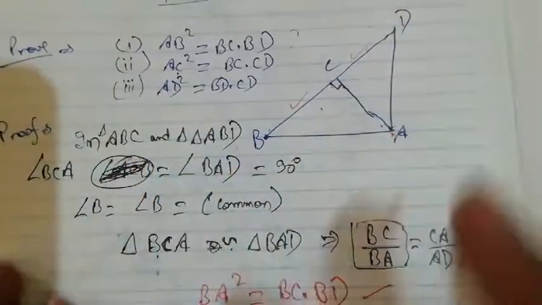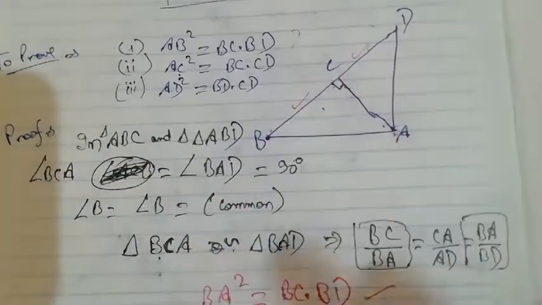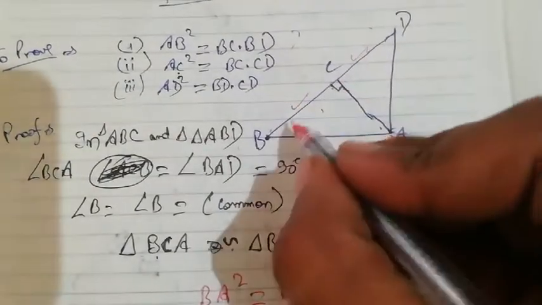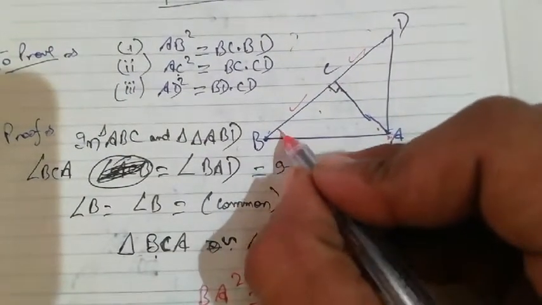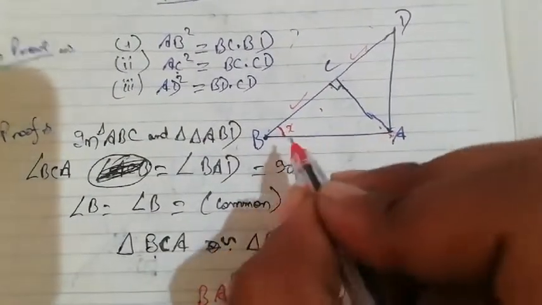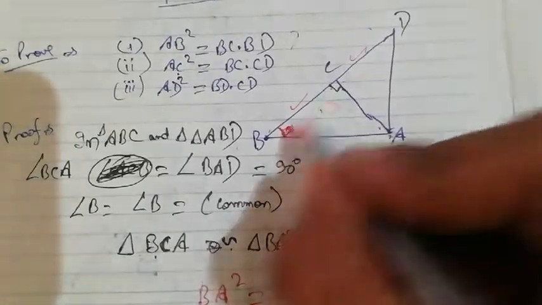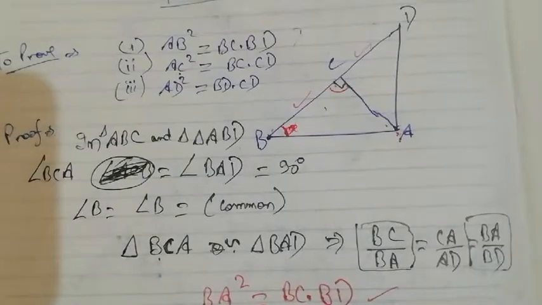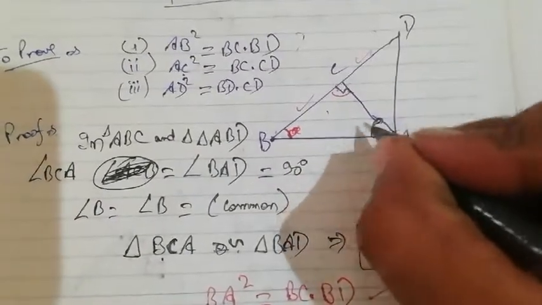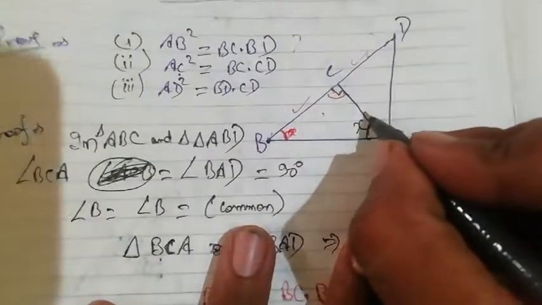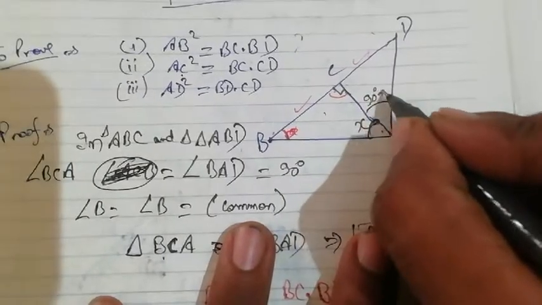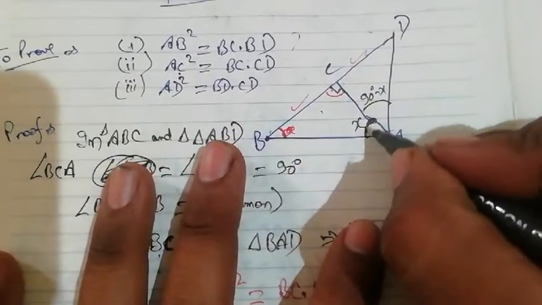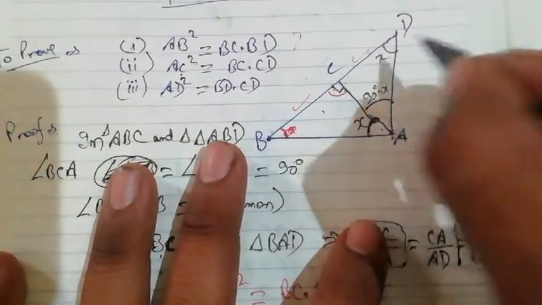Now for this triangle, just like the previous question, we will let this as 90 degrees, this is X degrees. So this much part will become X, so automatically it will become 90 minus X. Here this is X and this will come out as X.